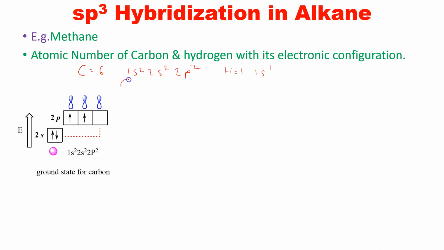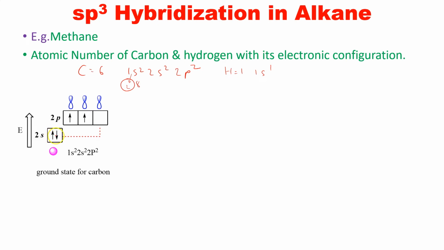The first shell holds 2 electrons and the second shell holds 8 electrons. So we are concerned with this octet only. This 1s2 will not take part in hybridization. We are concerned only with 2s2 and 2p2. In the block diagram, I have written them with opposite spin. Always it should be an opposite spin.